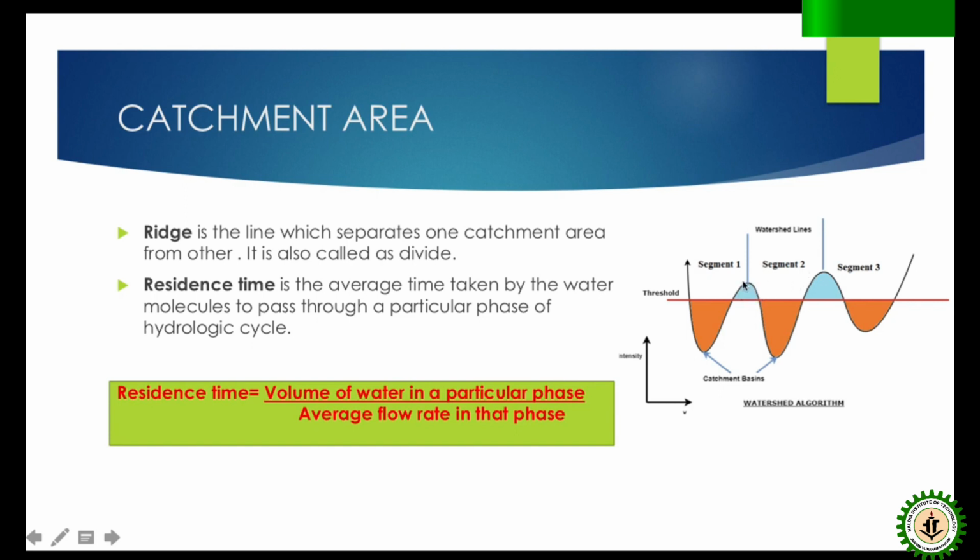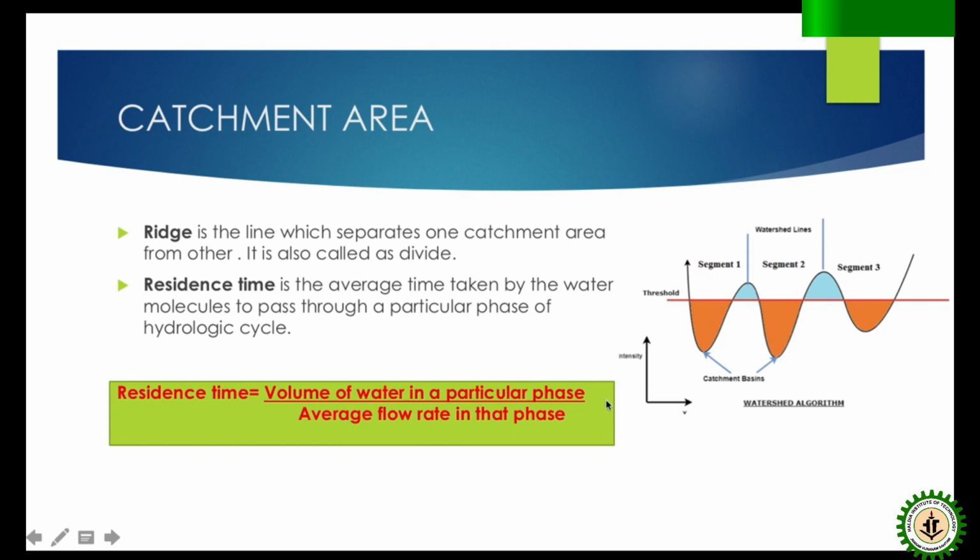Will precipitation on that side of the hill participate in this catchment area? No, it will not. It will go into the other catchment area. So there is a clear line separating two catchment areas. This line is called a ridge or a divide. This catchment area is also called a watershed. So this orange part is the watershed, and this line which you can see is a ridge or a divide.